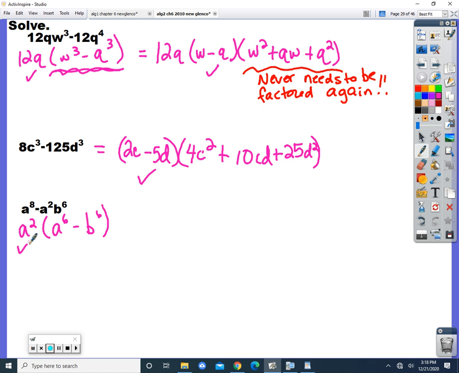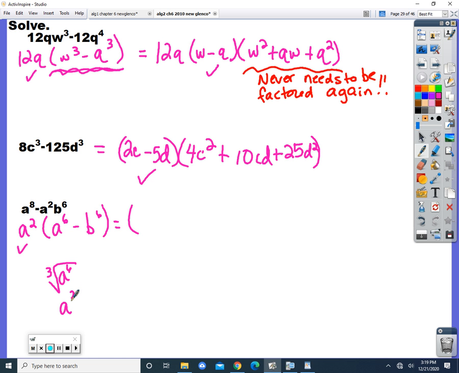This guy is the difference of 2 cubes. And it's a little awkward, I think. So some of you may be a little challenged by this. I probably can show it to you better down here. a to the 6th, you got to take the cube root of that.